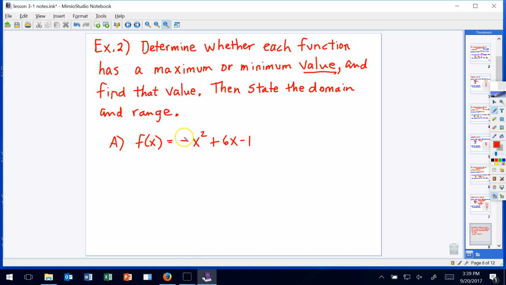So the effect of this is to take my parabola and flip it over. So that negative sign tells me right up front that I'm going to have an upside down parabola. So it probably makes sense, since the vertex represents the very top point on that parabola, I'm going to have a maximum value.